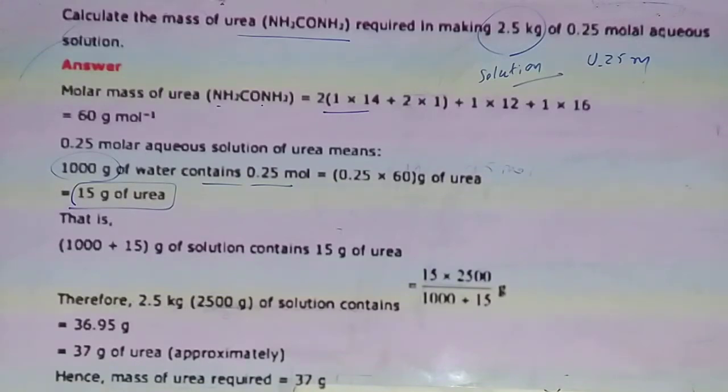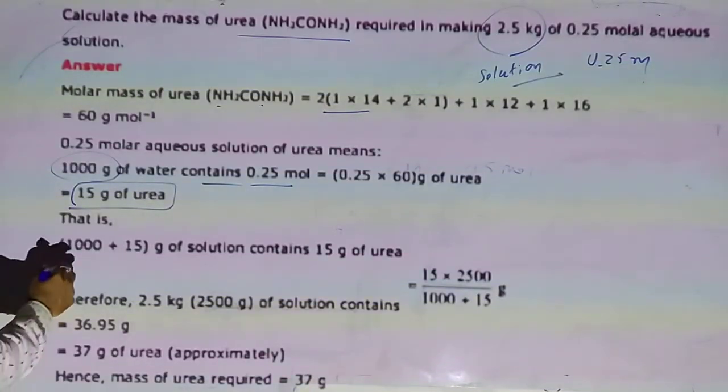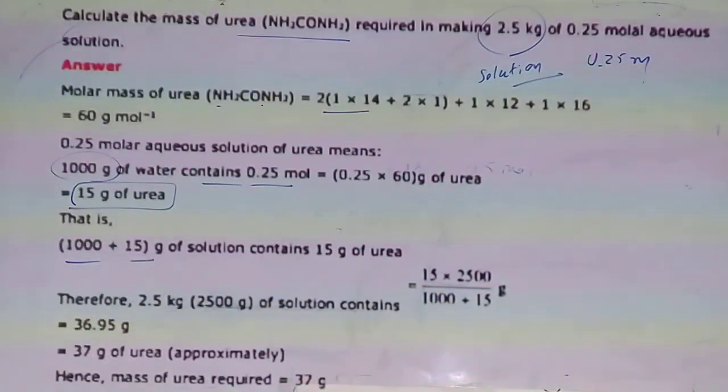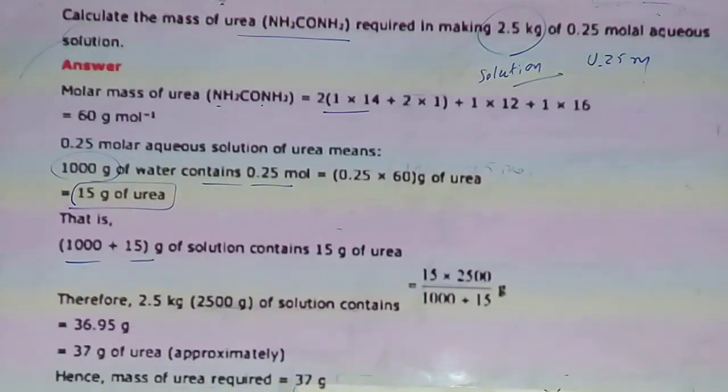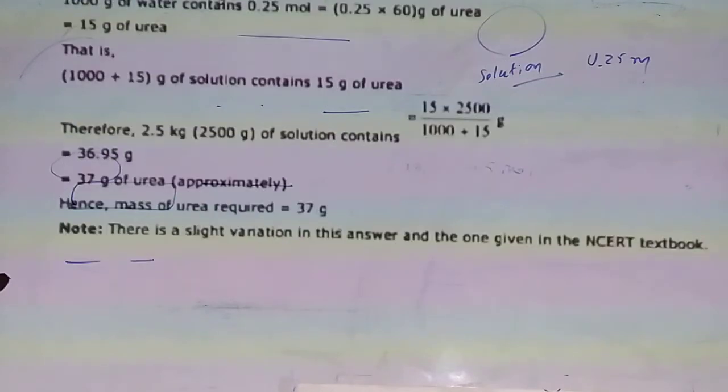Now the mass of solution is 1000 plus 15. So 1015 gram of solution contains 15 gram. So at 2.5 kilogram, means 2500 gram, how much? 36.95, approximately 37 gram.